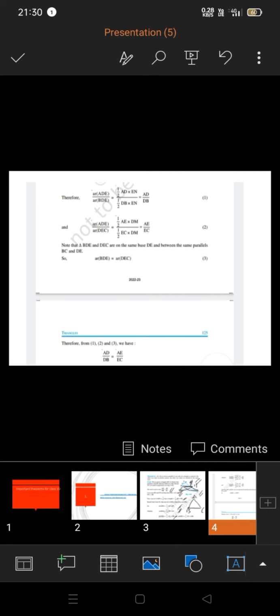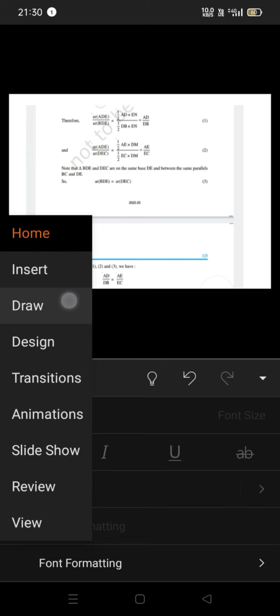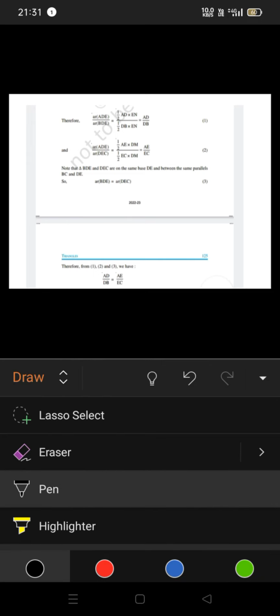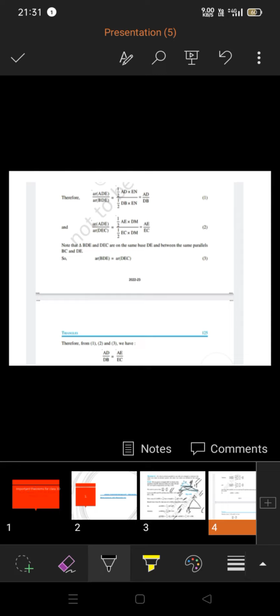Now, dividing the areas of different triangles, first we divide area of triangle ADE by area of triangle BDE. We can write it as half times AD into EN divided by half times DB into EN, in which half and half, EN and EN cancel, and we get AD by DB.